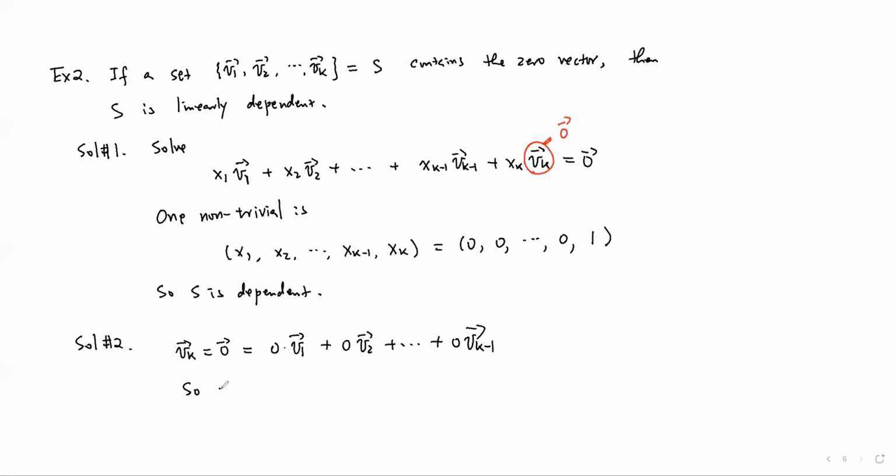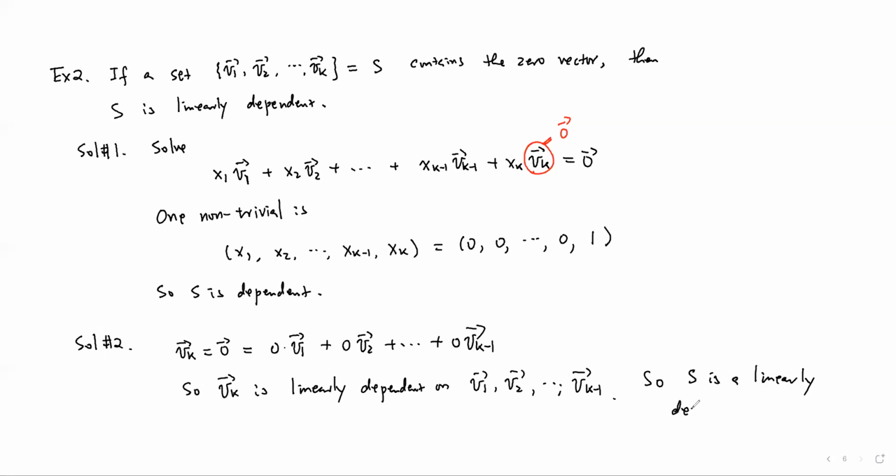So Vk is linearly dependent on V1, V2, Vk minus 1. Therefore, by theorem, S is a linearly dependent set. So there are 2 solutions to this example. Done.